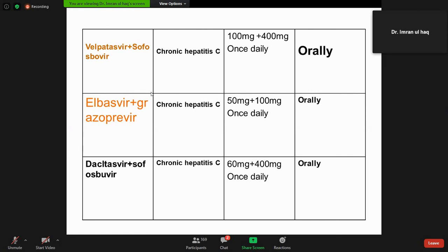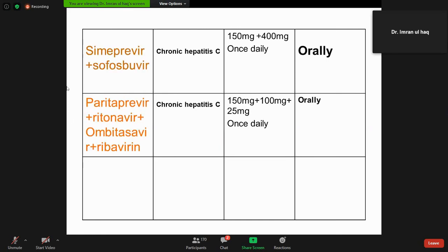And sofosbuvir and dasabuvir, right? There are other drugs that we have already mentioned, important examples like grazoprevir, and on another slide, paritaprevir, right, and simeprevir.